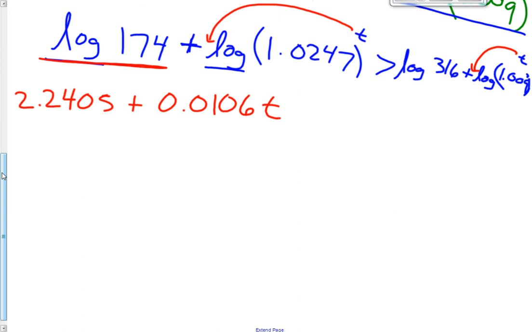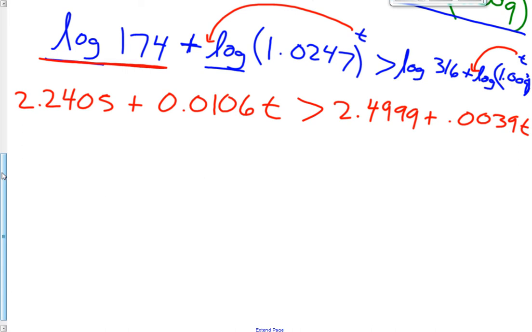So 0.0106t. When will that be greater than the log of 316, which is 2.4999, plus the log of 1.009, which is 0.0039, multiplied by t. Alright, you have an ugly equation, but it's not too difficult anymore. It's just a lot of decimals, which is just fine.